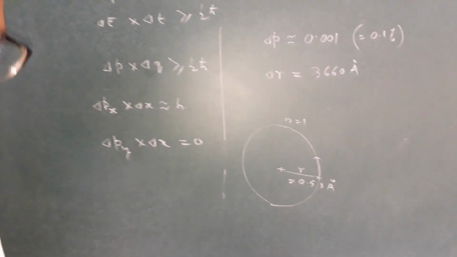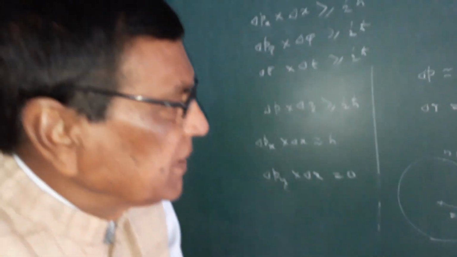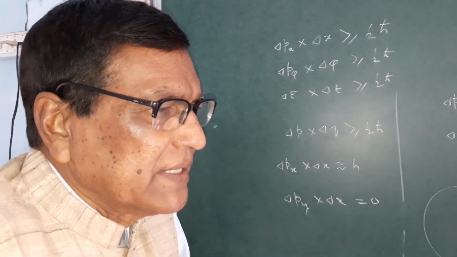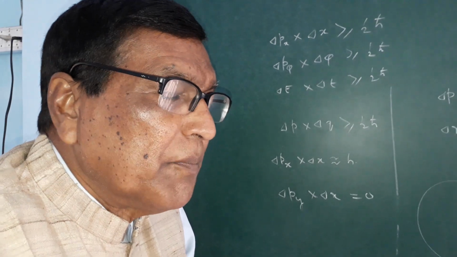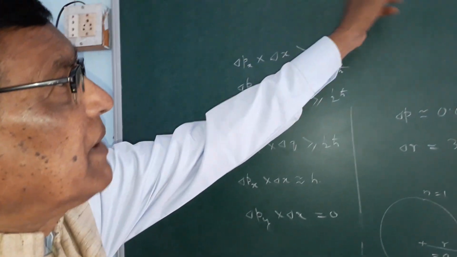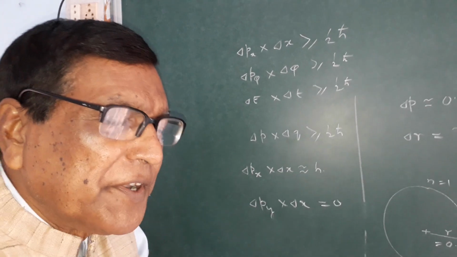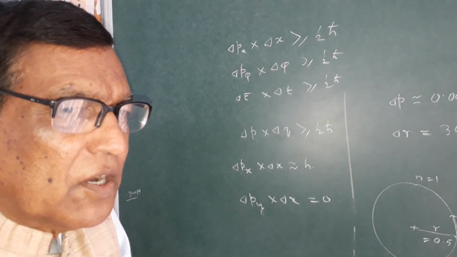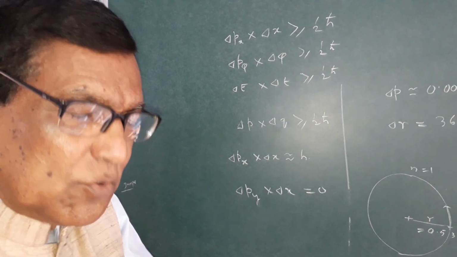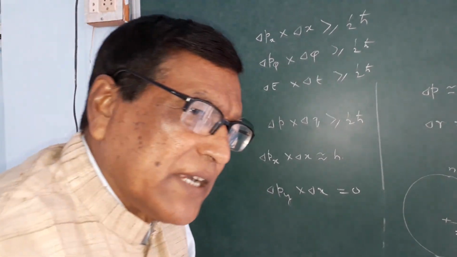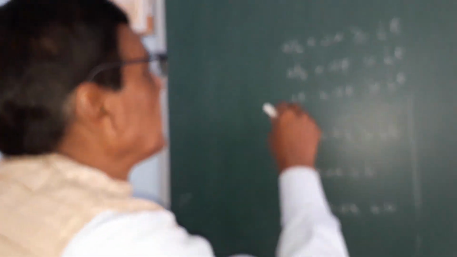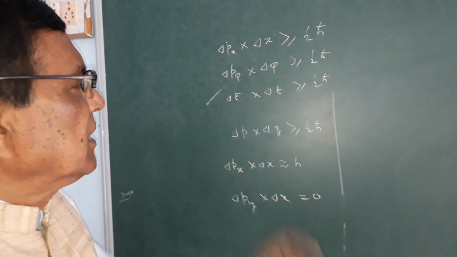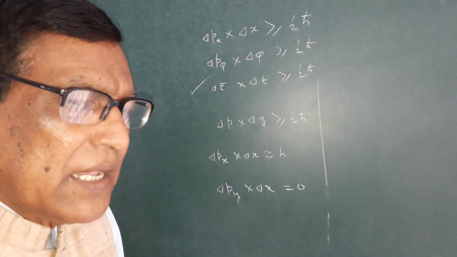So this orbit is rejected, and in quantum mechanics this orbit is replaced by the orbital, where the uncertainty is incorporated, and it is the contour or the region at which the probability of finding this electron is maximum.